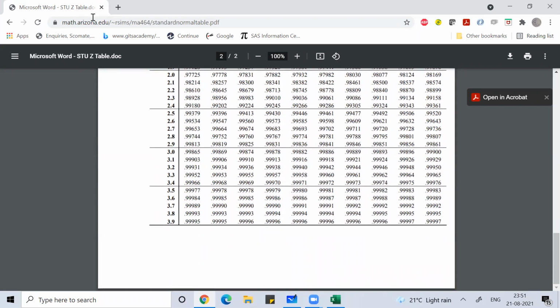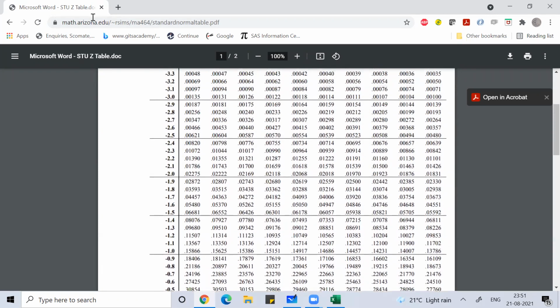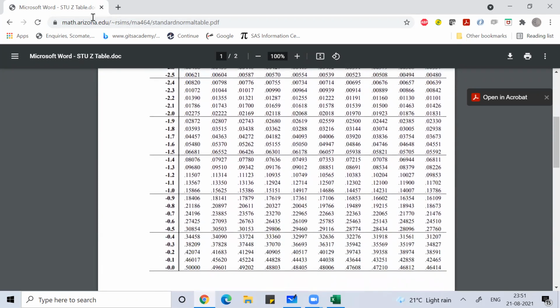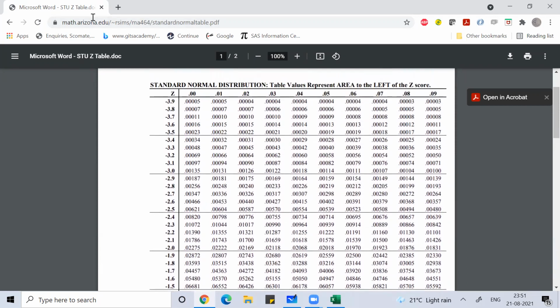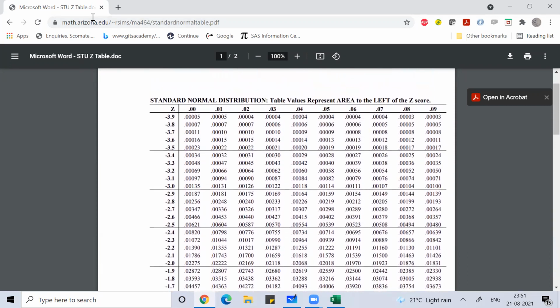This also has not given the 4 value. It is given only till 3.9. You can see 0.99999995, minus 0.5 you have to do. Here you can see minus 0.4 times 0 then 5. Left hand side of the curve.